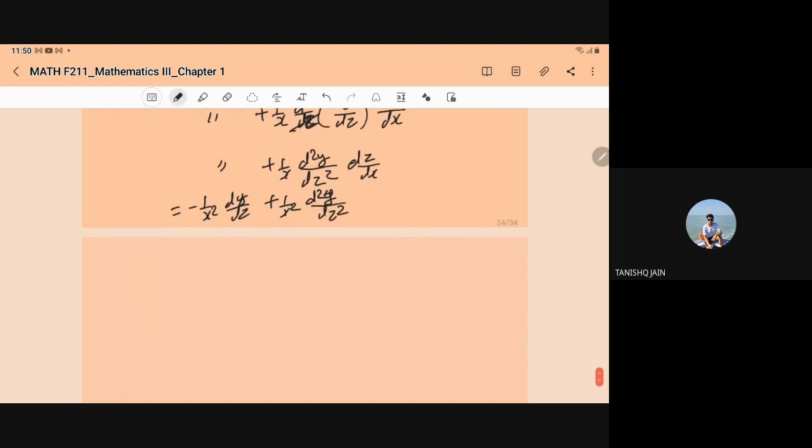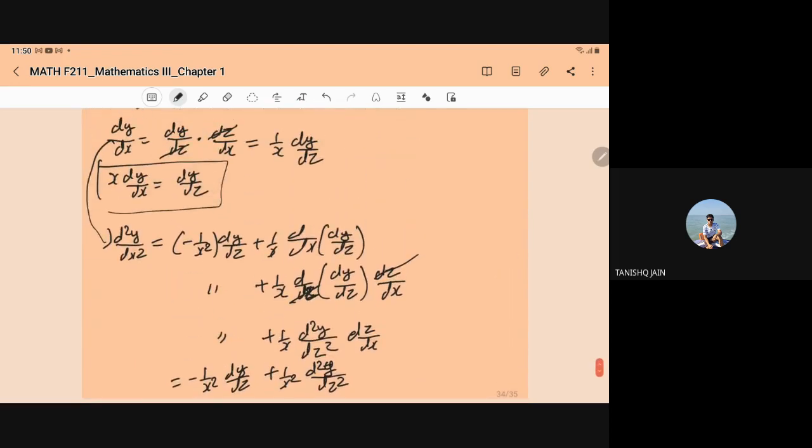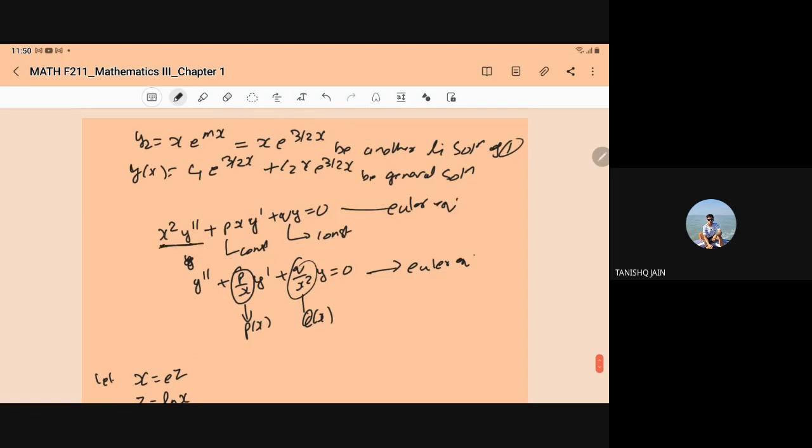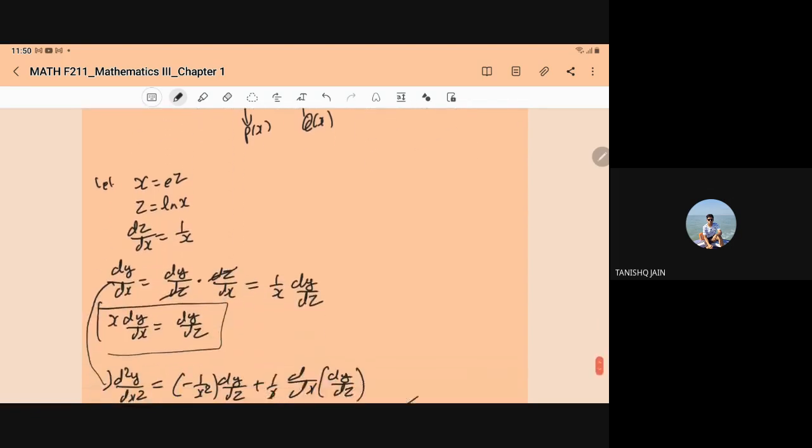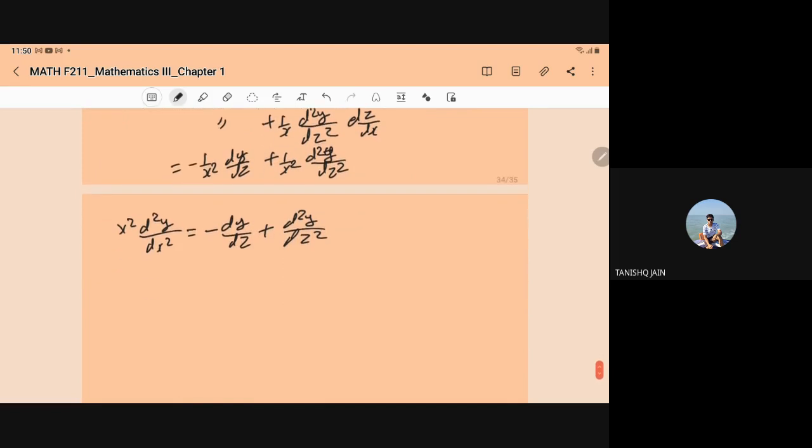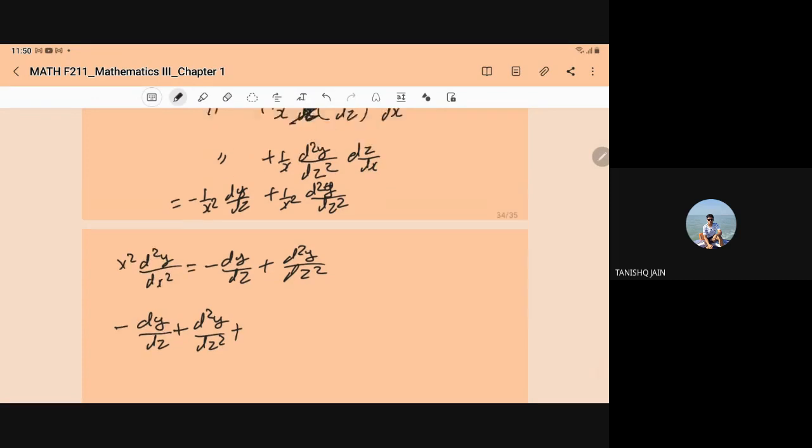From here you will get x square d2y upon dx2 as minus dy by dz plus d2y upon dz2. So what is the first equation? x square y double dash, it means x square d2y upon dx2, that can be written as minus dy by dz plus d2y upon dz2, plus.